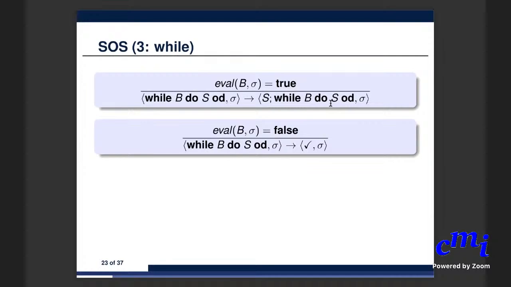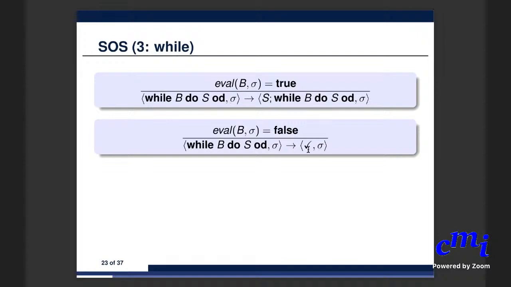Which captures the fact that you're repeatedly executing the body of the loop until you get to a point where B evaluates to false, and then you have to exit the loop.